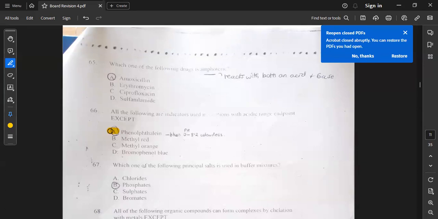Or is it bromates? Chlorides, phosphates, sulfates, bromates.